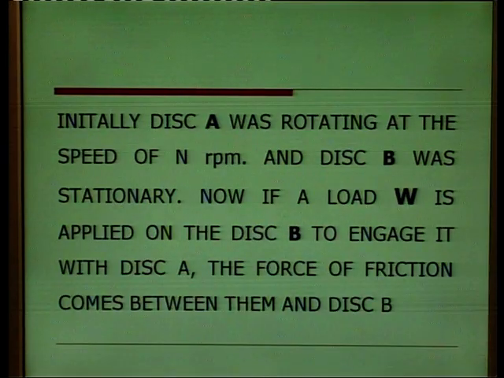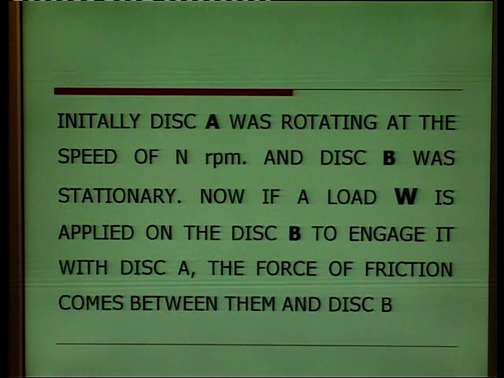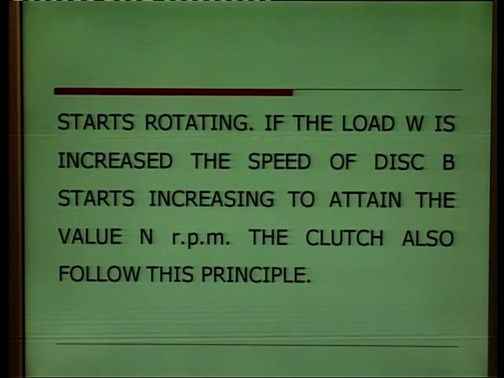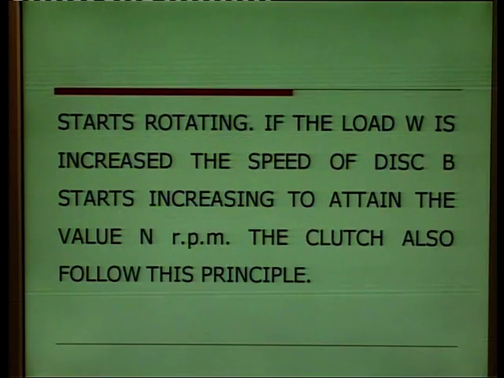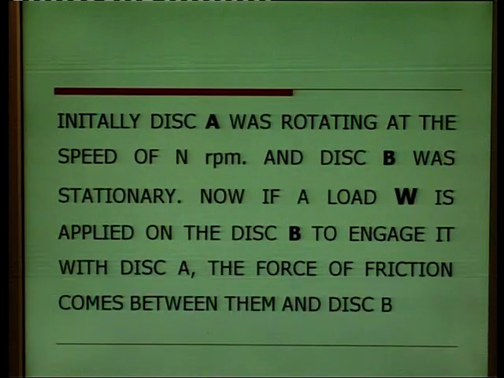Then the force of friction comes between them and disc B starts rotating. If the load W is increased, the speed of disc B starts increasing to attain the value of n rpm. The clutch also follows this principle.